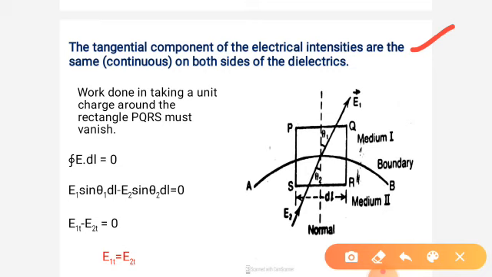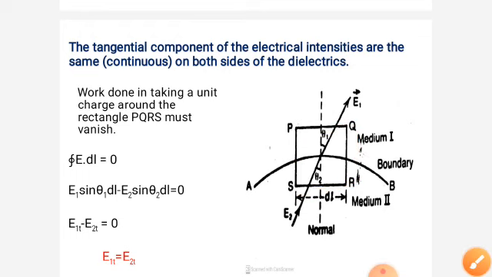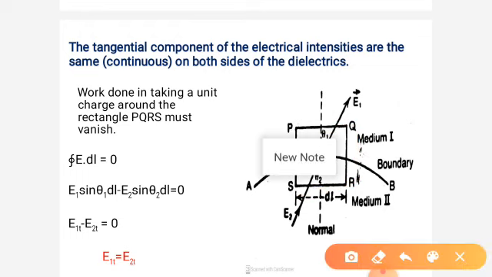For that we consider a rectangle PQRS. So work done in taking a unit positive charge around this becomes 0. So total work done is 0. So integral E bar dot dl bar is 0. L is the length.